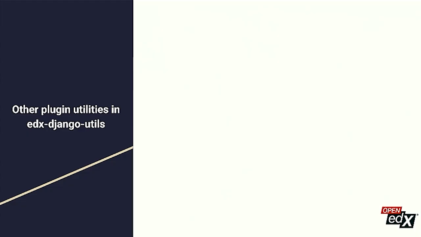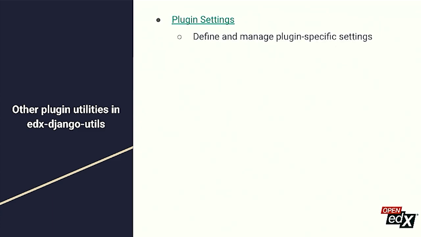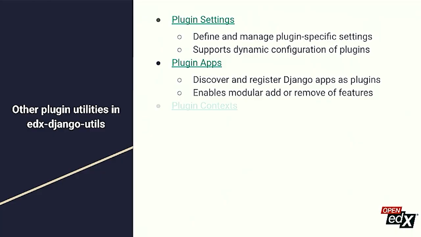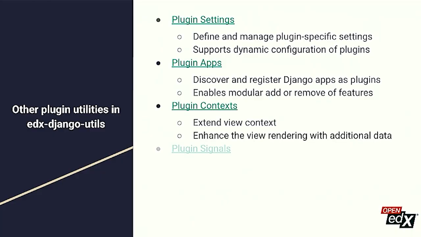So the edX Django Utils library offers several other plugins, including plugin settings, plugin apps, plugin context, and plugin signals, to name a few. I can go briefly one by one on these to give you an idea how the other utilities work.